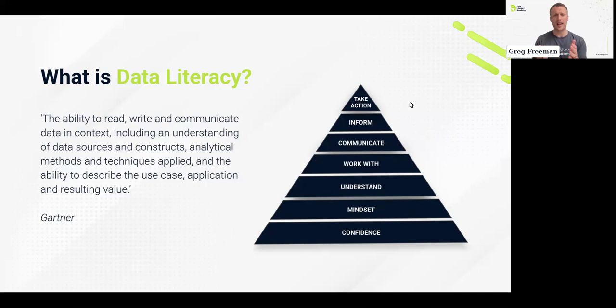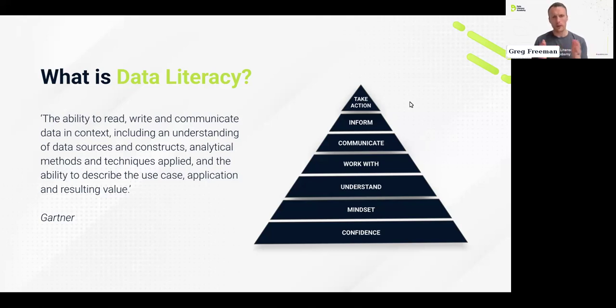The biggest barriers to people becoming successful in this space are confidence in understanding data, feeling confident talking about it, even understanding the value of it. Then having the mindset of waking up every day and seeing their business problems as data problems, because there's no point understanding data, working with data, taking action with data, if you don't actually think of how it's going to help your business problems and help you in your day-to-day.